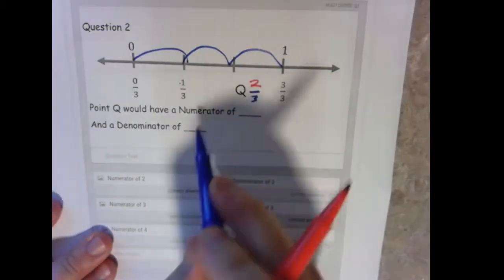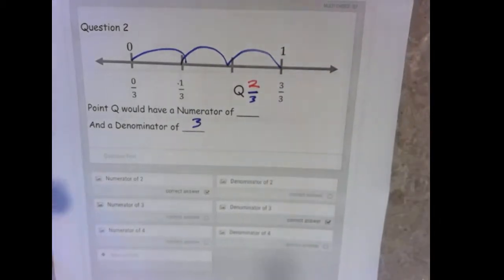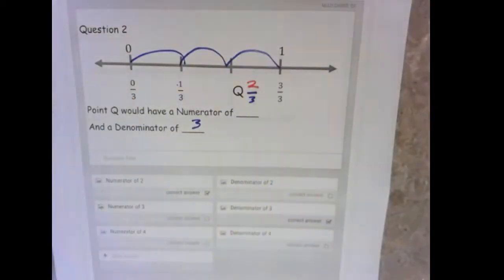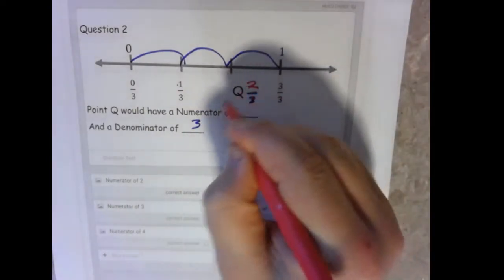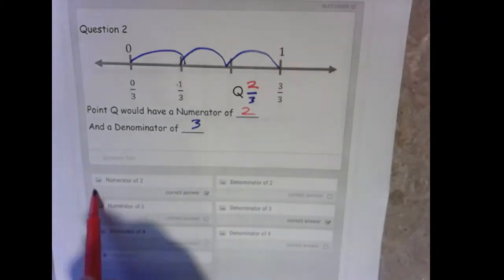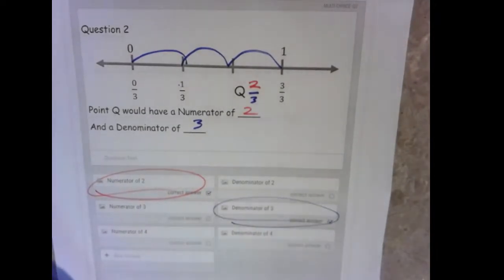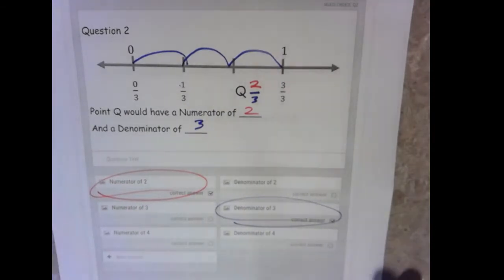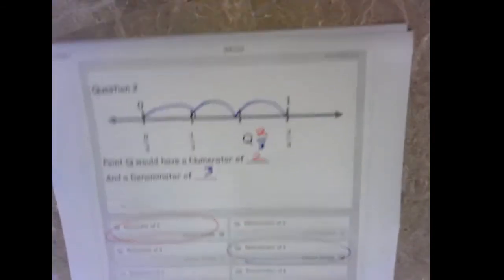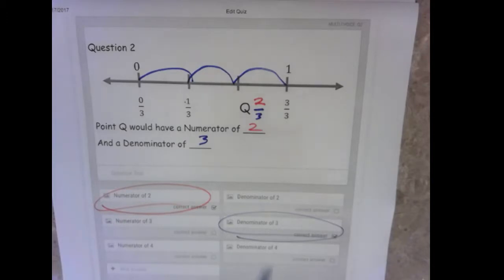That's the denominator, which is 3. The numerator is how many pieces of the potential capacity of how those are split up would be the numerator of 2. Okay, so looking for numerator of 2, denominator of 3, and that is the solution to this one.